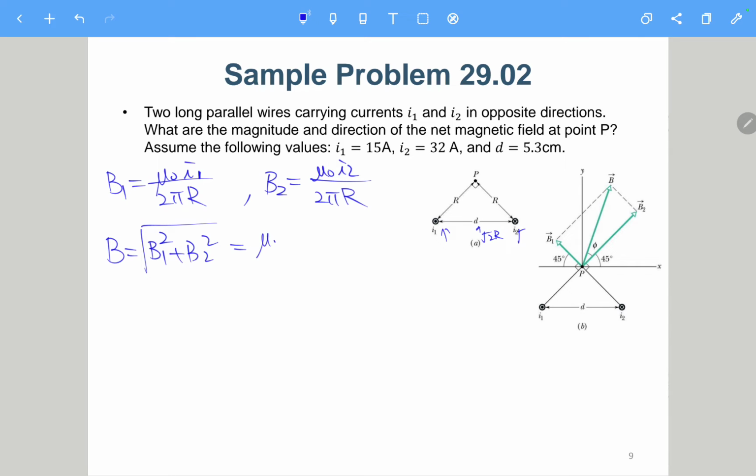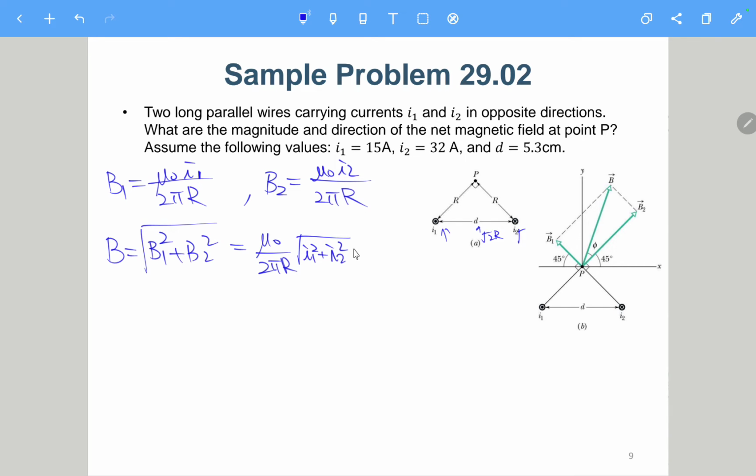So we have mu 0 over 2 pi r, and then a square root of I1 squared plus I2 squared. Because all the other stuff is the same, we can regard it as a common factor. So you square it and then take the square root, so it remains the same. I1 and I2 are different in the two terms, so we have the square root of I1 squared plus I2 squared.